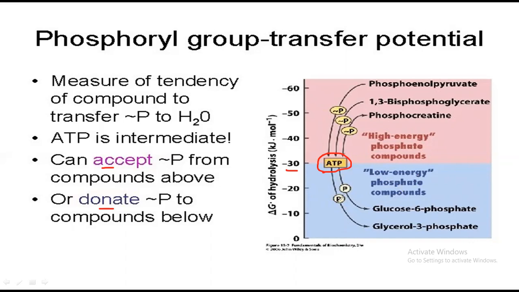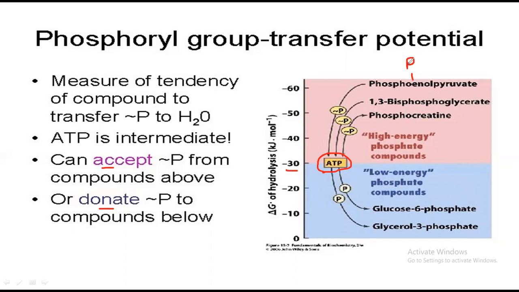When they give their phosphate, energy is liberated, and that is 30 kilojoules per mole. But there are some compounds known as phosphoenol pyruvate, 1,3-bisphosphoglycerate, and phosphocreatine. These also contain phosphate. I will show you the molecular level of these.